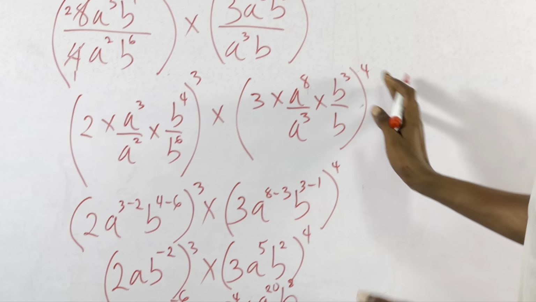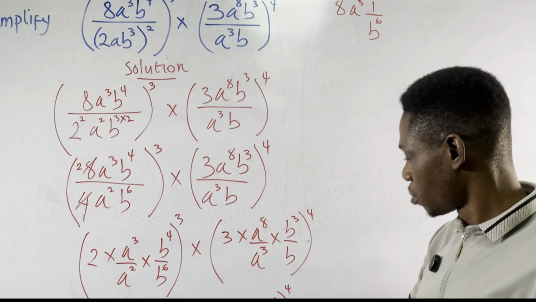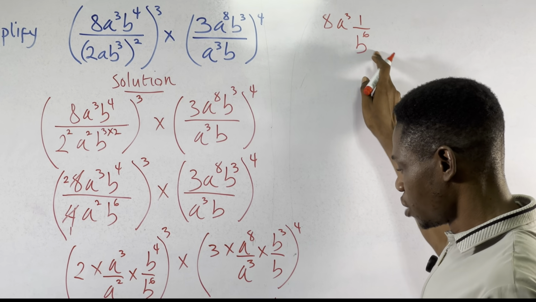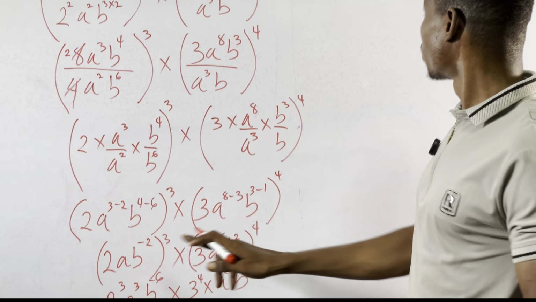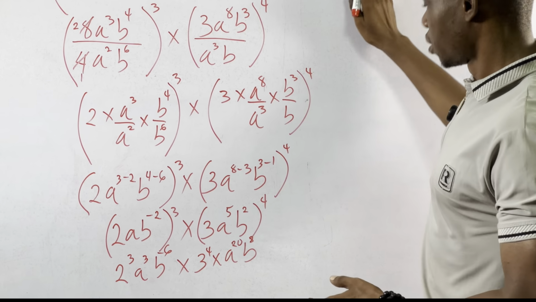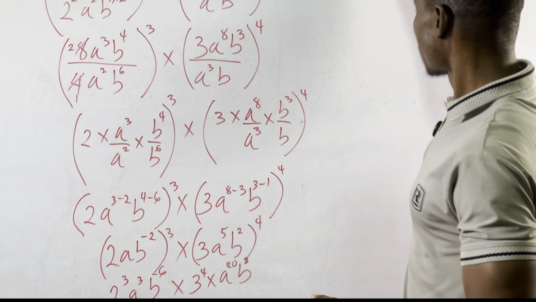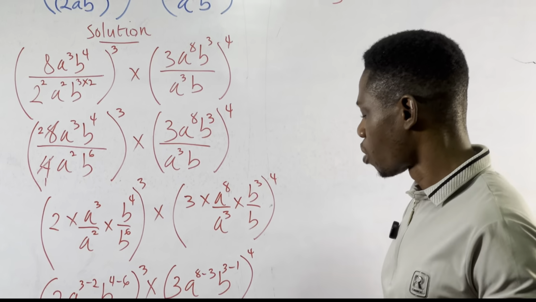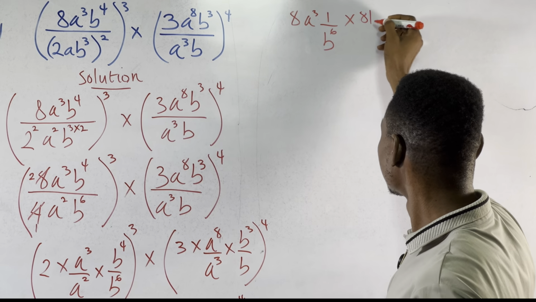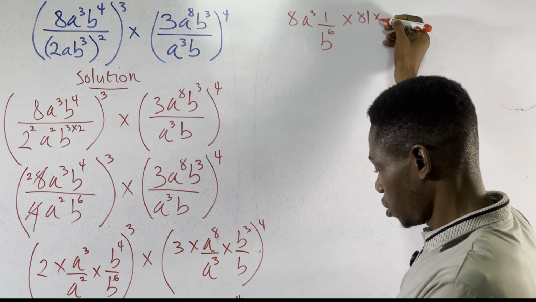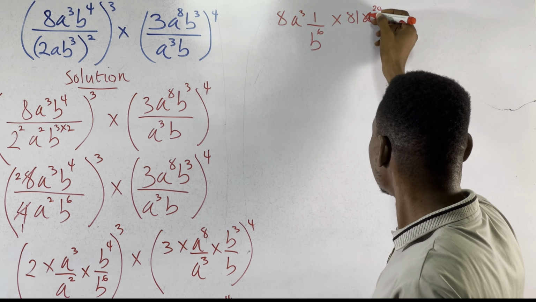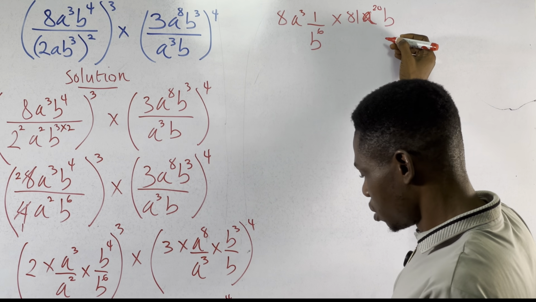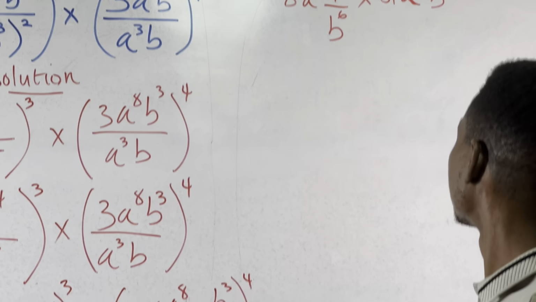So I don't want negative power, so I'm making this. The law says if you have a negative index, you get the inverse. So the inverse of b is 1 over b raised to the power 6 times, here 3 raised to the power 4 is 81. 81a raised to the power 20, then b raised to the power 8.